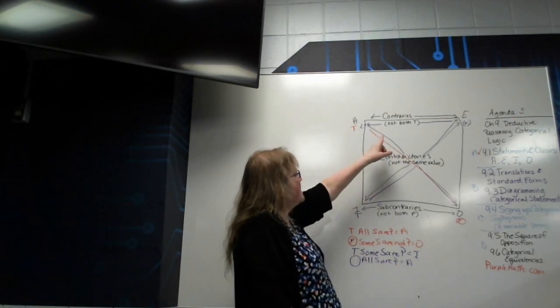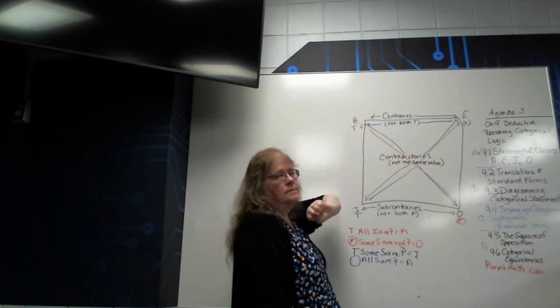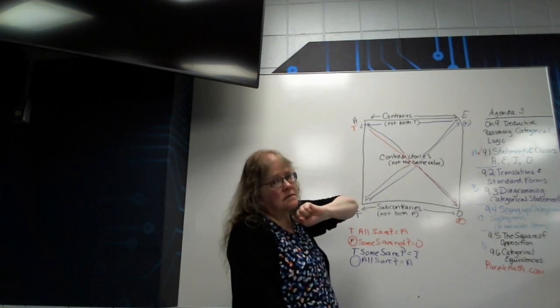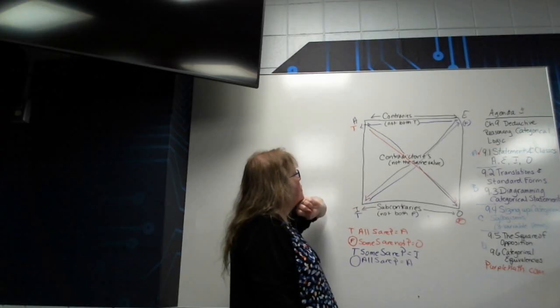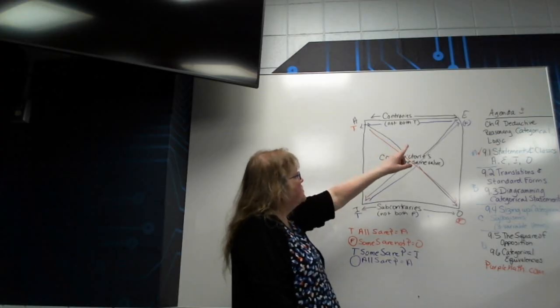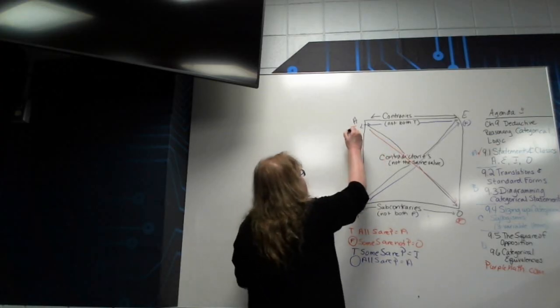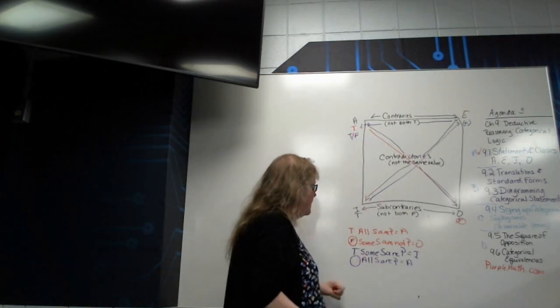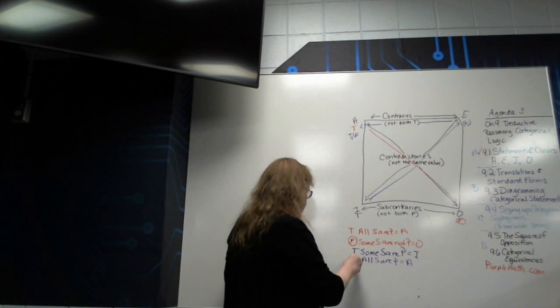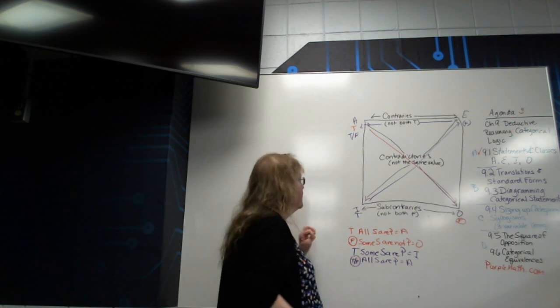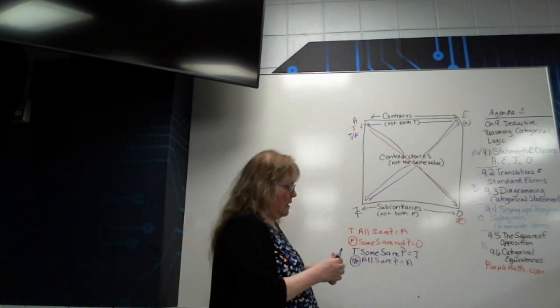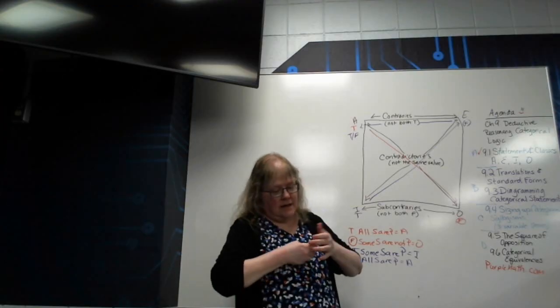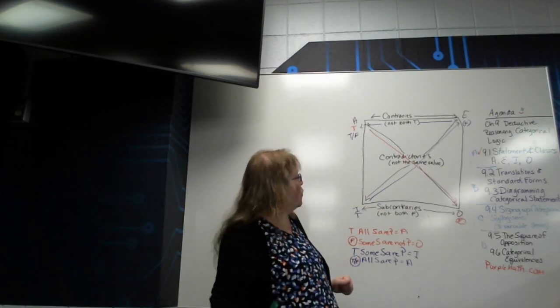My contraries say not both true. They can both be false. Okay, so E is false, so A is indeterminate, and I just do it this way, true slash false. We don't know. Okay. I know, kind of weird, but that's how it works. I'm going to do one more.